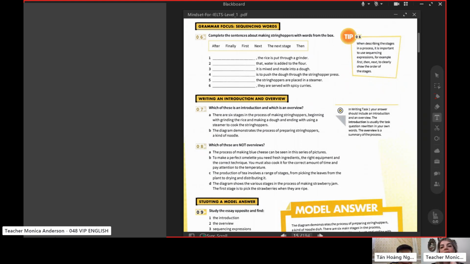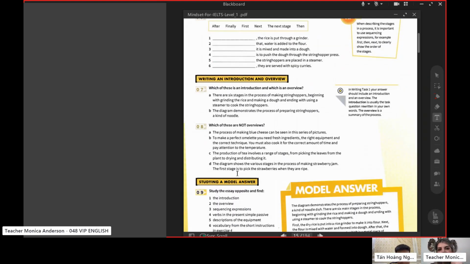I think A. A is what? There are 6 stages in the process of making string hoppers, beginning with grinding the rice and making a dough, and ending with using a steamer to cook the string hoppers. Okay, is this introduction or overview? An overview. Excellent. And B?